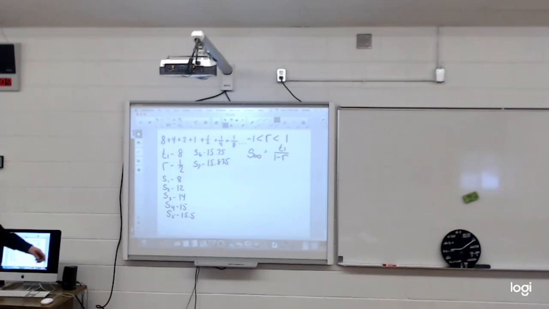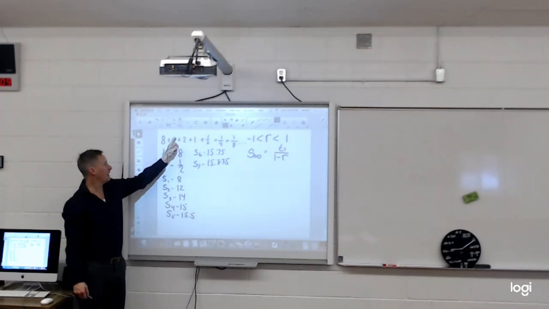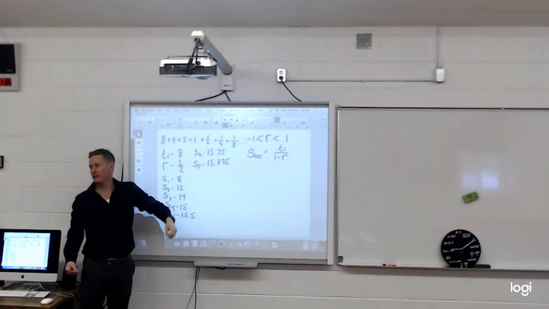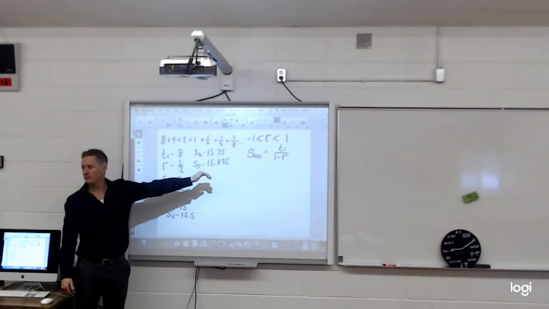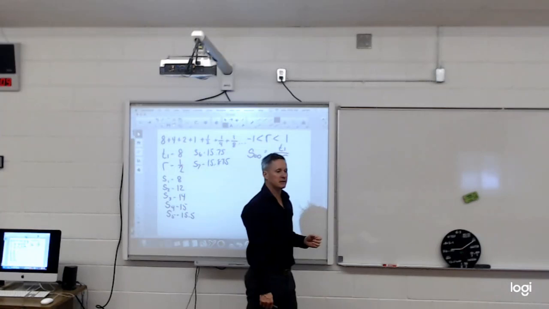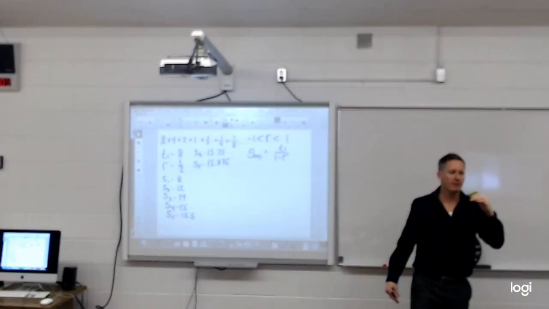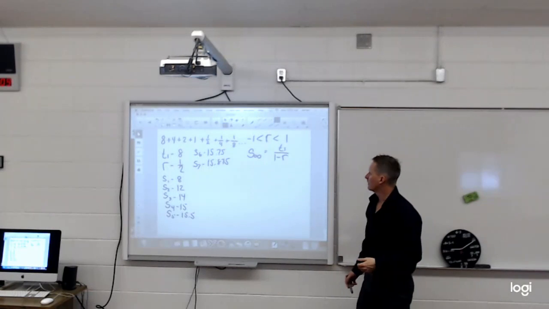Yeah, it follows this pattern right here. So I'm adding on all of these. As those get smaller, this goes up by a smaller amount. So with an infinite geometric series, you're going to have a max value that it's going to approach but never actually get to.